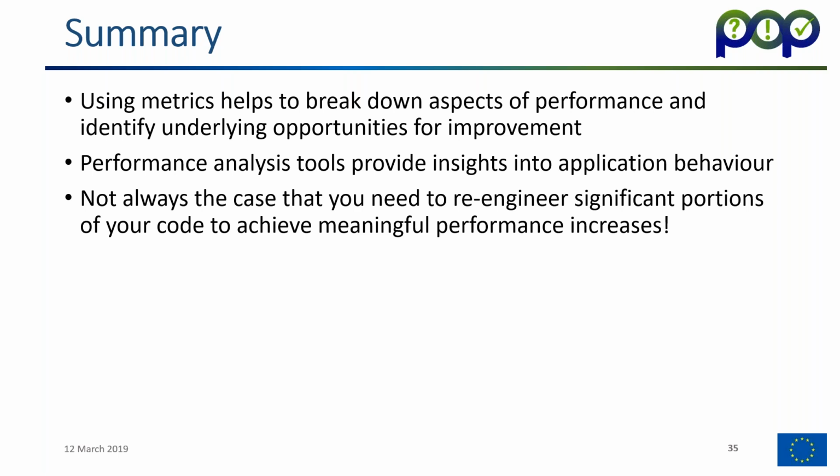And I think the final takeaway from this case study is that performance optimization doesn't necessarily mean getting in there and having to rewrite large swathes of your code from the ground up in order to get performance benefits. In this case, we were able to get a very good performance increase of 3 times by some relatively minor changes to the code.